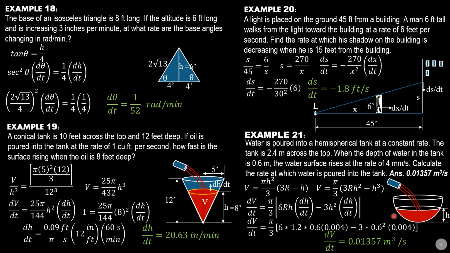If there is a shortcut to this, my shortcut way is I derive the differential volume, which is like a coin, which is pi radius at that level squared dh. Then I divide that by dt, that's my dV/dt right away, then the result should be the same. Although for other tanks like cones and frustums of pyramids, there's a shortcut for solving that time rate of change for those tanks I mentioned.